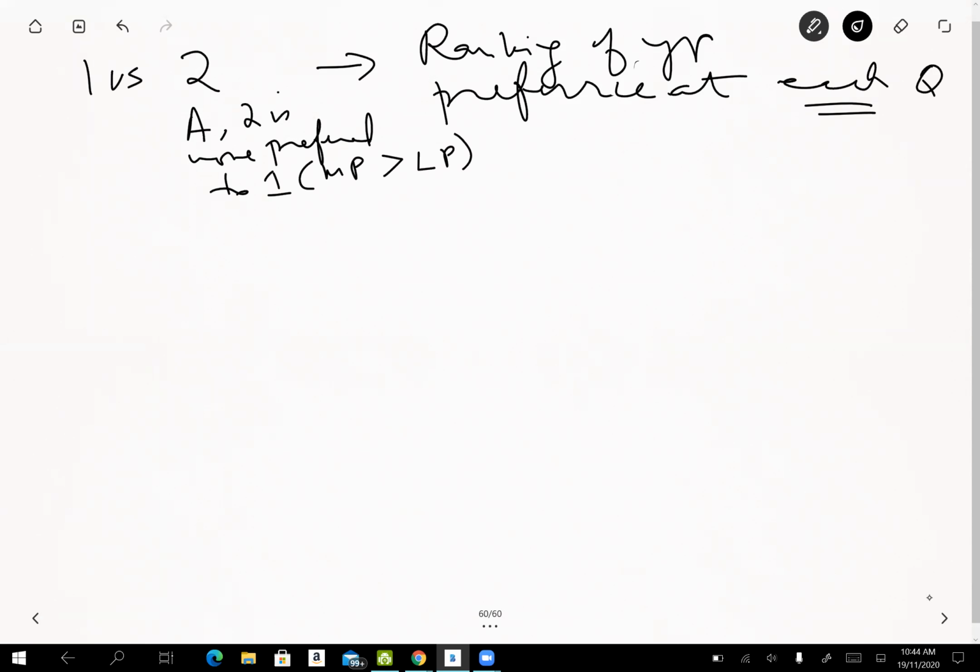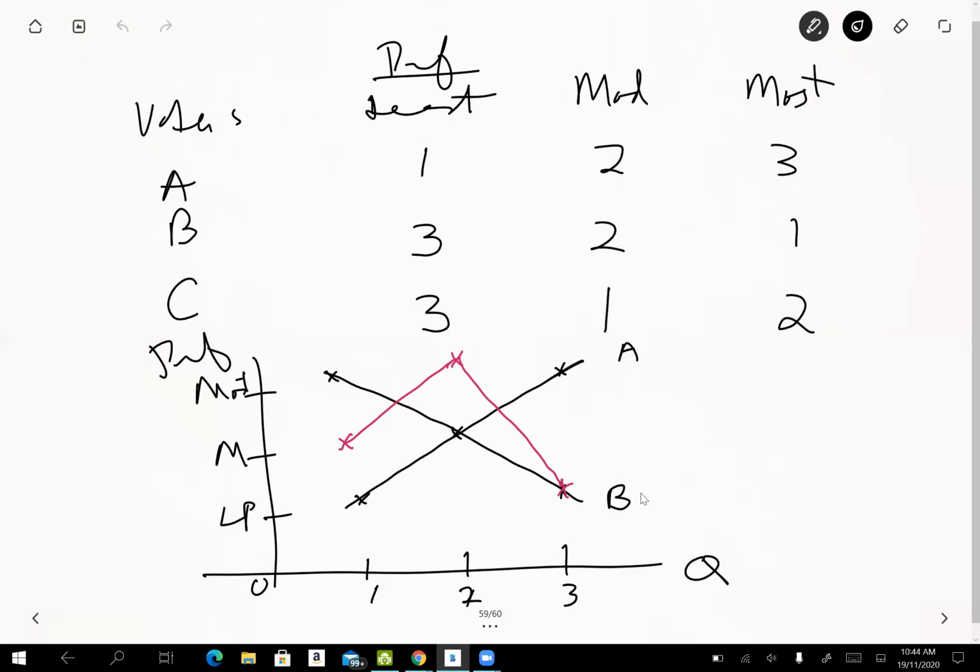Okay. Look at the second person, person B. You look at B's preference, quantity 1 against quantity 2. Which one is more preferred to him, 1 or 2? I think if you look at the graph, you can see better.